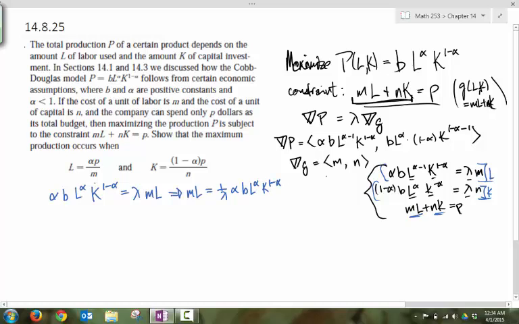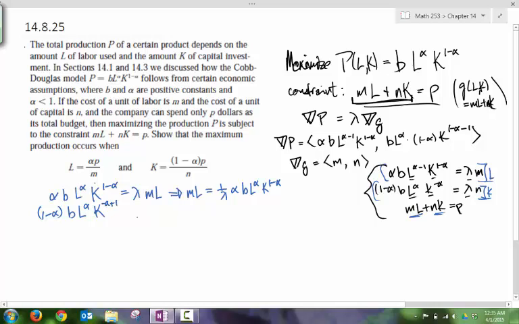And then after that, we'll do the same thing. This time we'll look at the second equation and multiply K through. So I have 1 minus alpha times B, you got L to the alpha, and now you have K to the minus alpha, and then you multiply that by another K, so you add 1 to that. So this is going to be minus alpha plus 1.